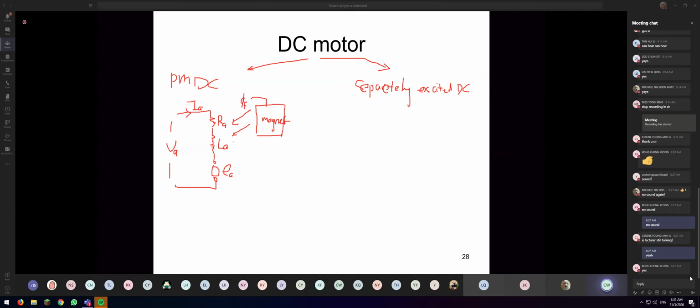So the flux that is induced on the armature is given by the formula K, where K refers to the field constant, multiplied with the field flux. This will give you the flux constant that applies on the armature. When you look at the formula itself, it can be very simple.